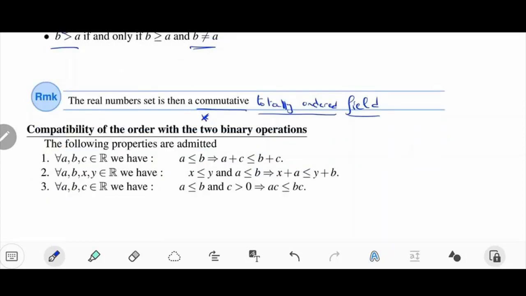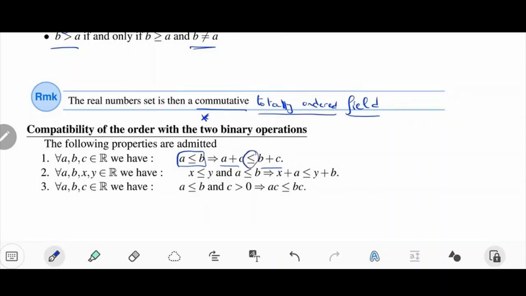Now, of course, the order that we defined can be used also together with the binary operations. Any two numbers in R are in relation less or equal. So if I take two numbers A and B such that A is less or equal than B, then you can add a number C to both of them and the relation is conserved.